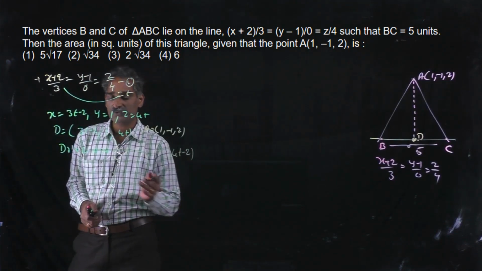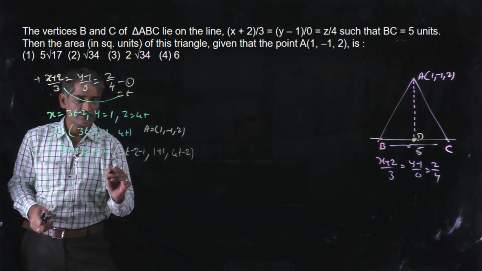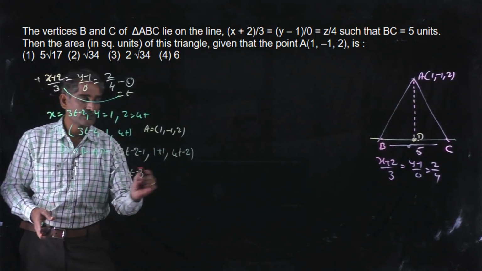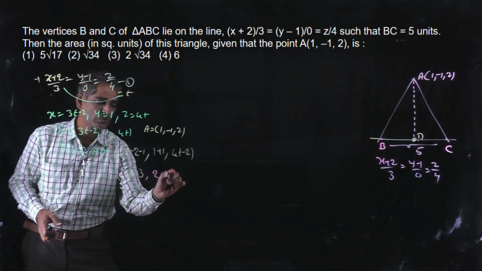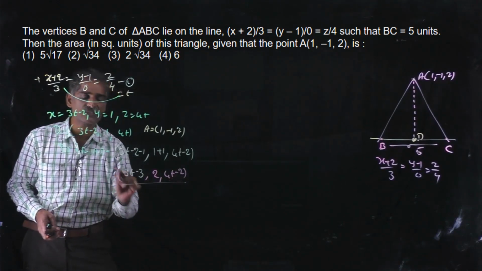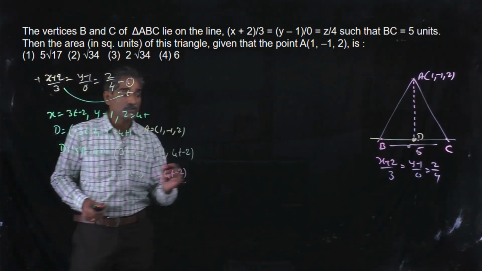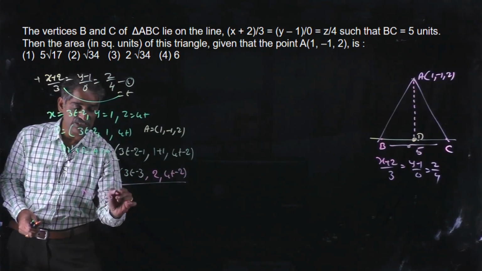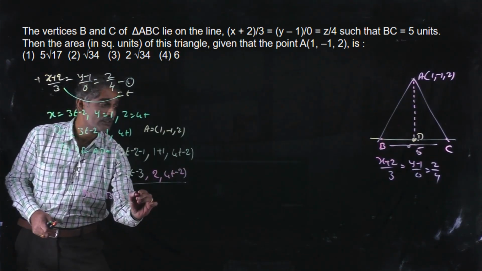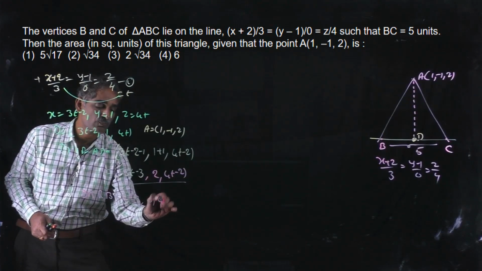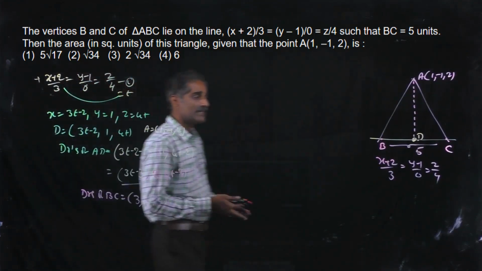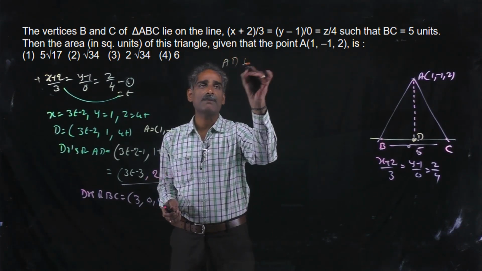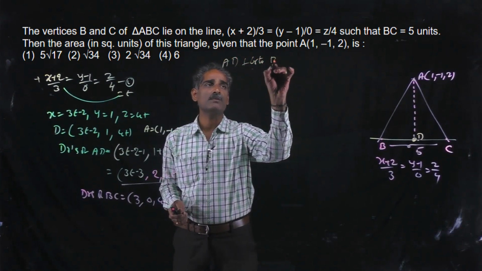These are the DRs of AD: 3t minus 3, 2, 4t minus 2. And DRs of BC is equal to 3, 0, 4. Clearly, AD is perpendicular to BC.